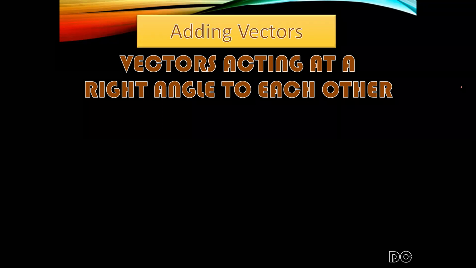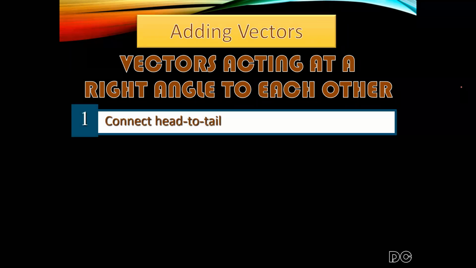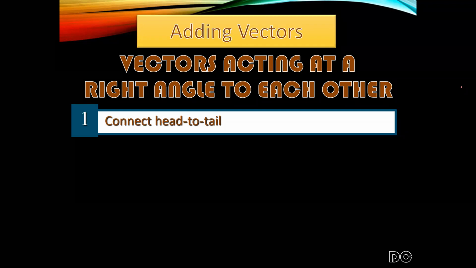To illustrate, first we need to connect the first vector and the second vector, head to tail. The tail of the second vector should be connected to the head of the first vector.